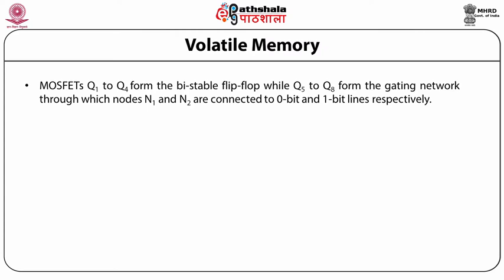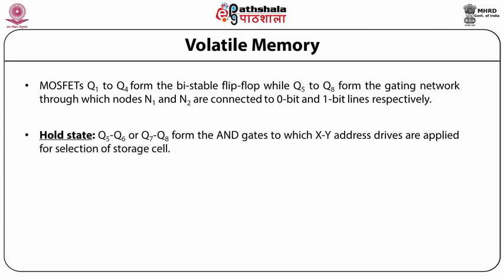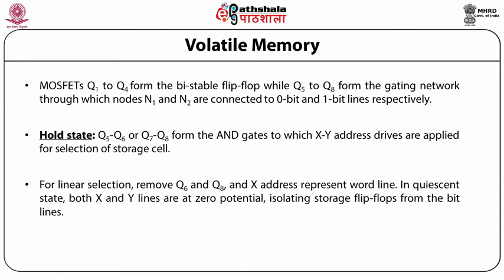So let us first discuss the hold state. Q5 to Q6 or Q7 to Q8 form the AND gates, to which XY address drives are applied for the selection of the storage cell. For linear selection, remove Q6 and Q8, and the X address represents the word line.